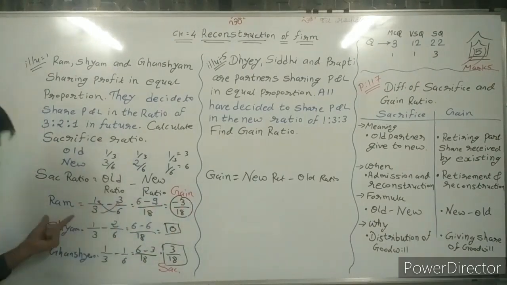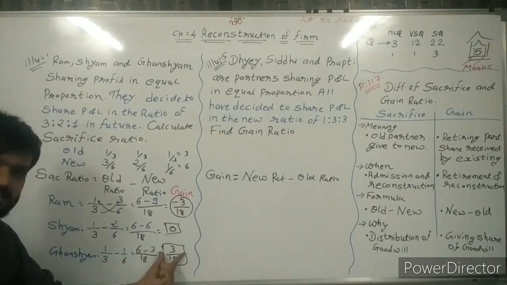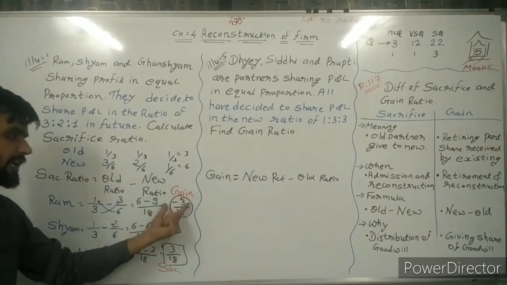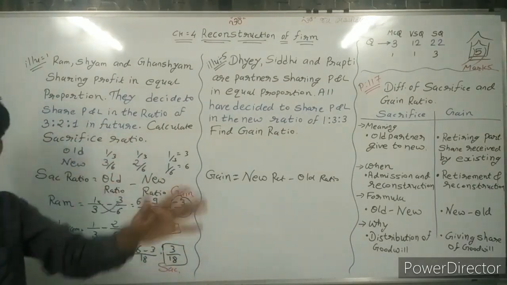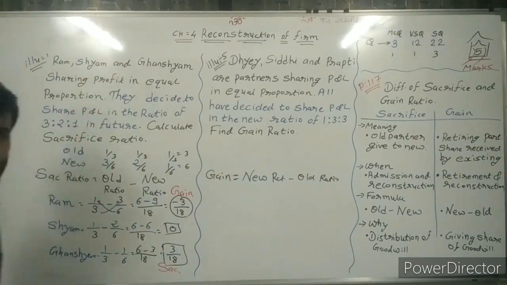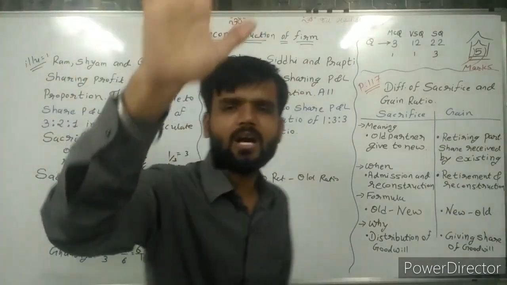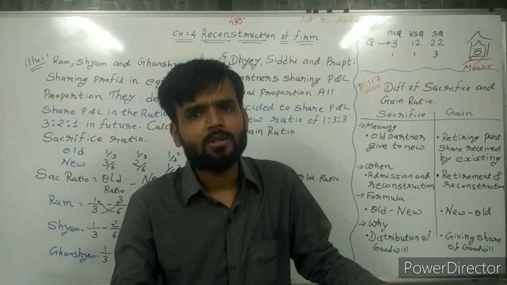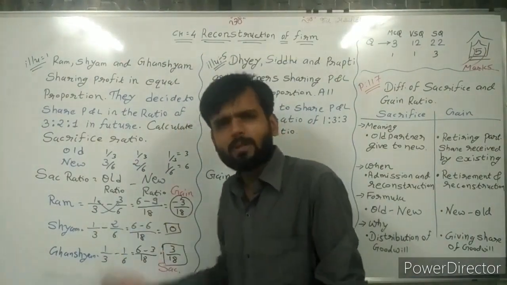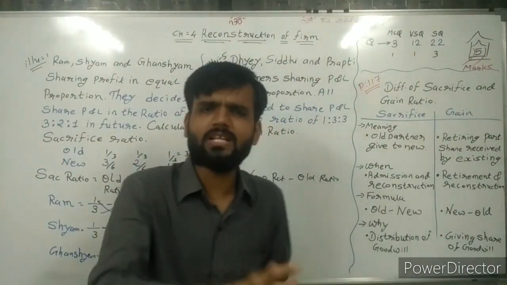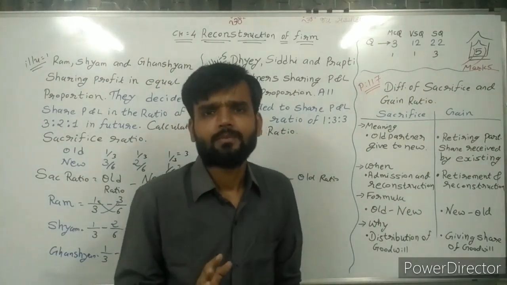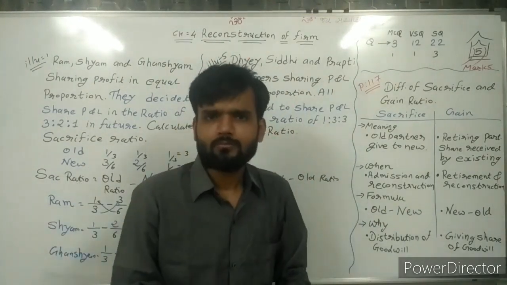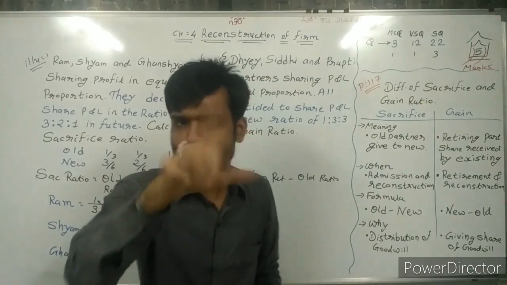Whatever is gained by Ram is sacrificed by whom? Ghanshyam. So 3 is sacrificed by Ghanshyam and gained by Ram. Simple calculation. Sum over, 3 marks in your account. This type of simple sum will generally be asked in the examination. But we are covering all types of sum today. Don't worry.